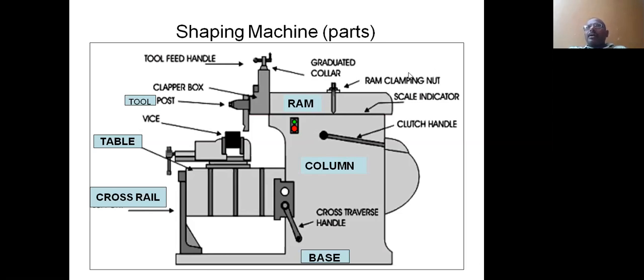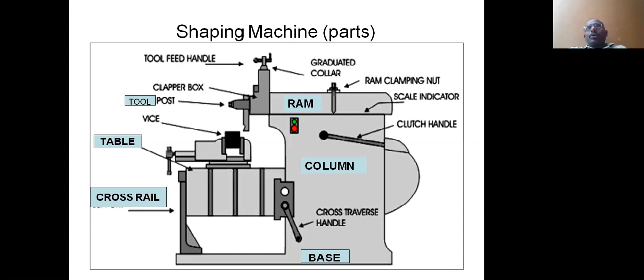So the next one is the ram. The next part after the ram is the clapper box. The clapper box is connected to the ram. After the clapper box, the next one is the tool post or tool holding device.